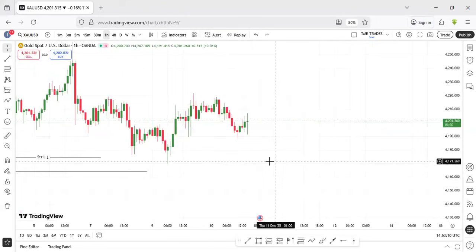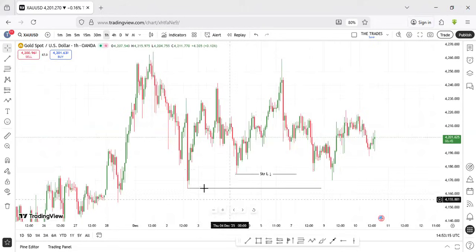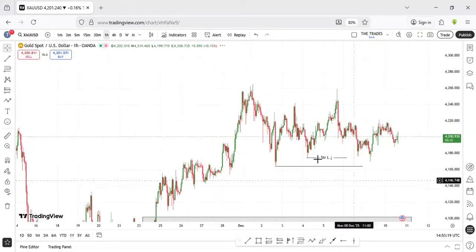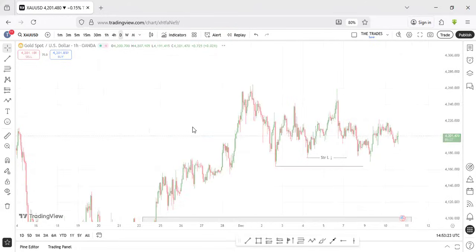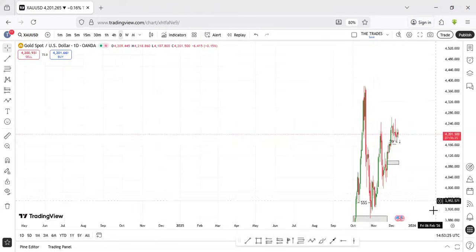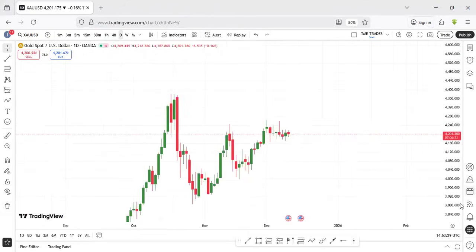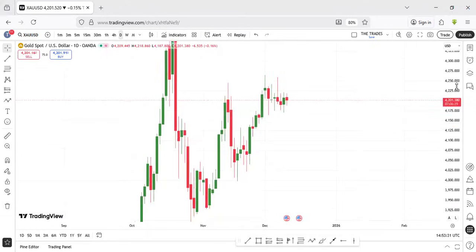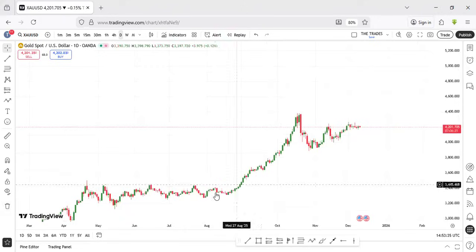Now on gold, we can see a market that is creating a series of higher highs and higher lows, and at the moment still ranging, right? When you go to the daily time frame, let's delete everything and have a clean analysis. When you look at it, we discover that this market is in a very bullish movement, right?